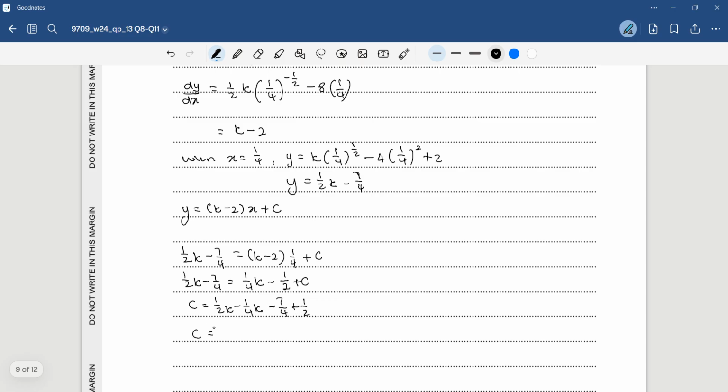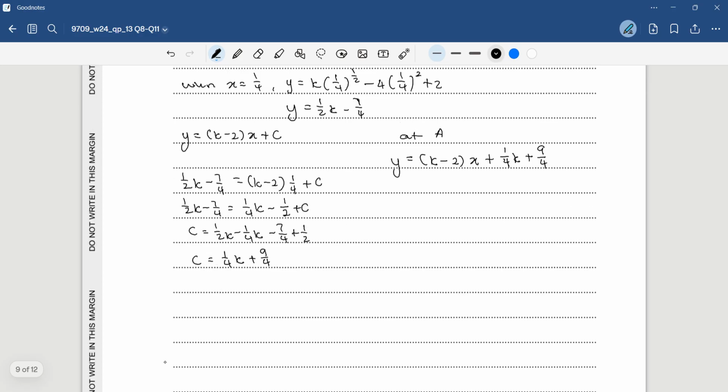Therefore, c equivalent to 1 over 4k plus 9 over 4. Okay, so this is the equation of tangent. So at A, the equation of tangent will be y equivalent to k minus 2x plus 1 over 4k plus 9 over 4.